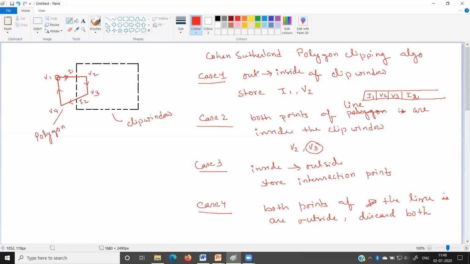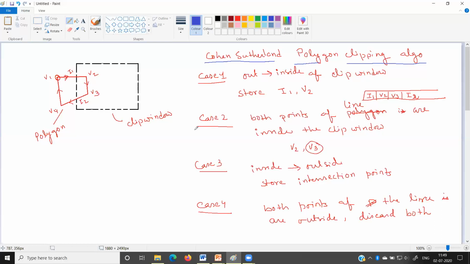Okay, so the Cohen-Sutherland polygon clipping algorithm basically works using these 4 conditions. First, we choose any vertex as the start vertex. Then we traverse the polygon in clockwise direction, and when we move from one vertex to another, if we are moving from outside to the inside of the clip window, we store the intersection point and the next point also.